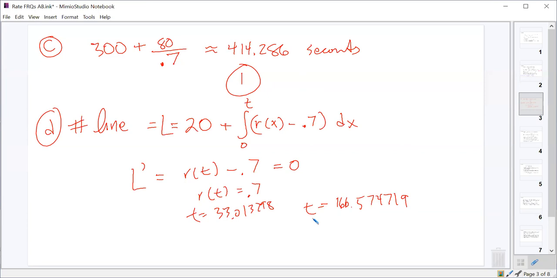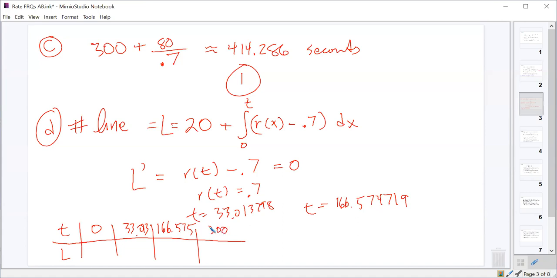So then to figure out the actual minimum, we just need to make a chart here and evaluate our function at all of the different time intervals. So at t equals 0, t equals 33.013, 166.575, and 300.